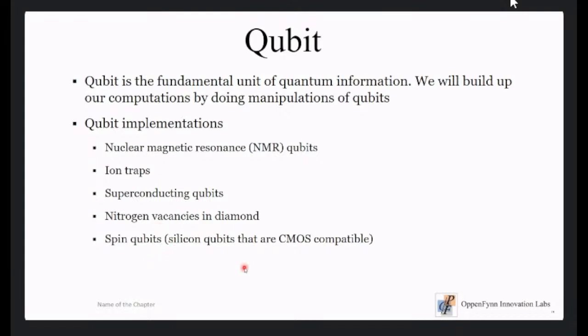Any two-level quantum system that meets the requirements of a qubit can be used as an implementation. The details of these, and the advantages and disadvantages of each, I will go into tomorrow. This is just to list the various implementations we have.